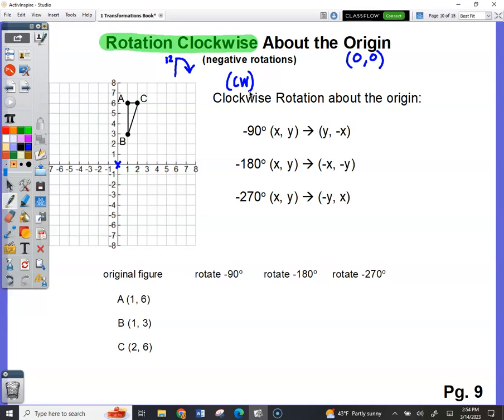Now, there is one rotation that I will not tell you the direction, and that's because it doesn't matter. Do you know which rotation it would be? Great point. Why does it not matter which direction you rotate 180 degrees? Think about it.